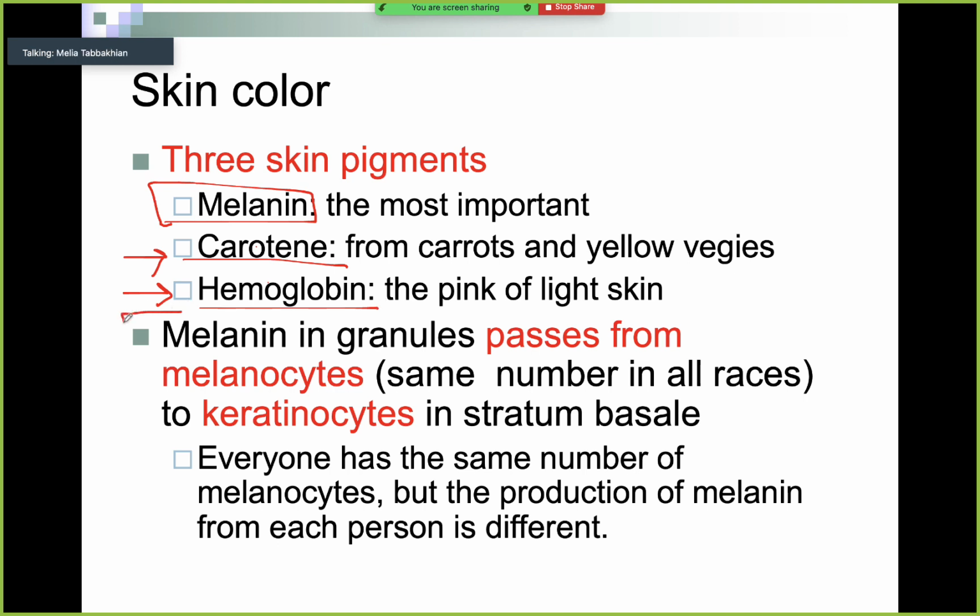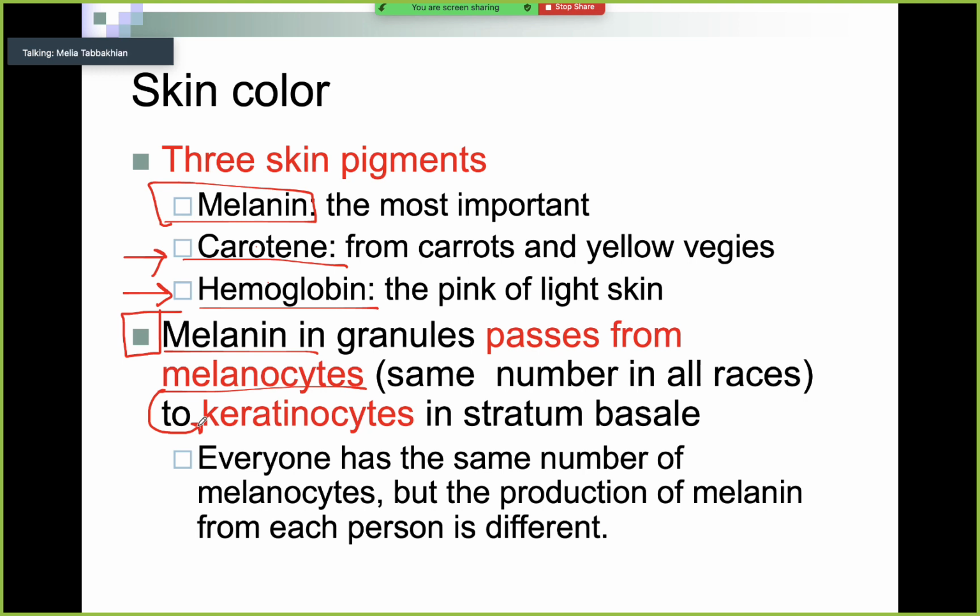And once again, this is the second time we're mentioning this. The melanin is made in the melanocytes, but it is passed into keratinocytes, and that keratinocyte will take that melanin and transfer it up, up, up until it turns into dead skin.